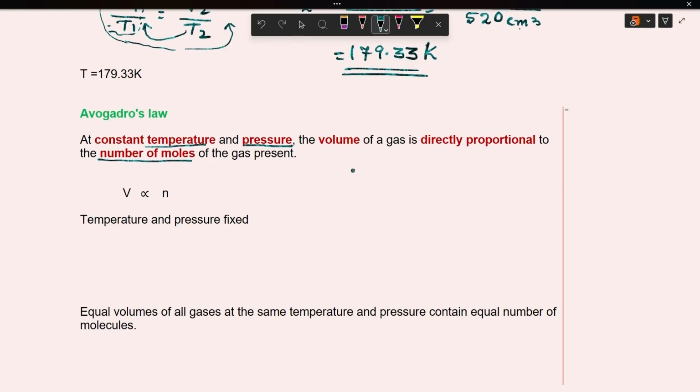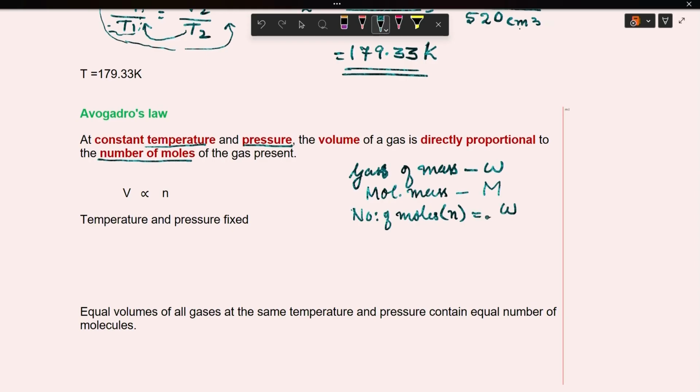Now, if we have a gas of mass W, and its molecular mass is equal to capital M, then the number of moles, which I am denoting as small n, will be equal to mass divided by molecular mass. Now, this is how we are going to get the number of moles.